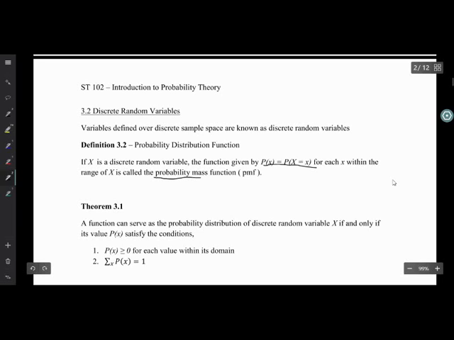This is simply the table we have already prepared in example 3.1 and 3.2. You see the possible values that X can get and also the probabilities of X. So that is called the probability mass function.